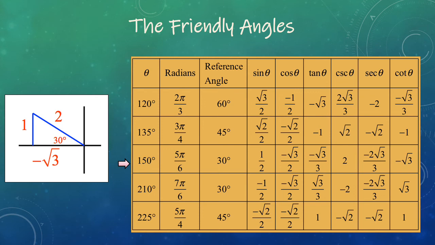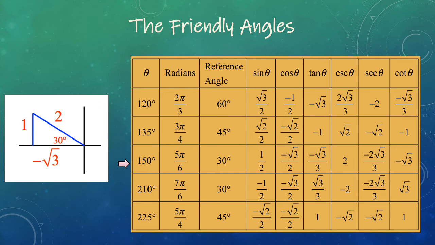The reference angle is 30 degrees, so we have a 30, 60, 90 degree triangle with the x being opposite the 60 degrees and being negative square root of 3, while the y is 1, opposite the 30 degrees, and the hypotenuse is 2.